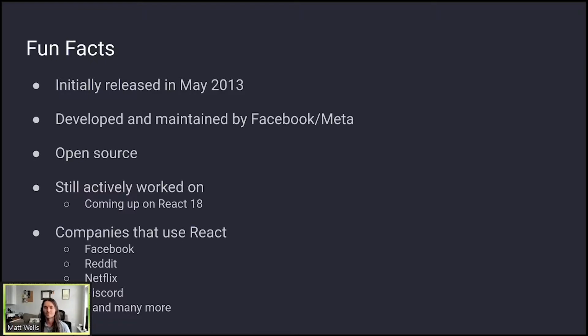Companies that use React are Facebook, of course, Reddit, Netflix, Discord even, and a whole lot more. So very popular framework. The whole reason React exists in the first place was Facebook needed a better way to help solve their problems on Facebook.com. So they came up with React. And they were nice enough to share it with the development community so that we could all benefit from the framework. So that's why we have it today.